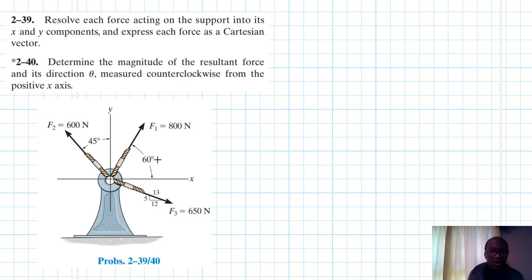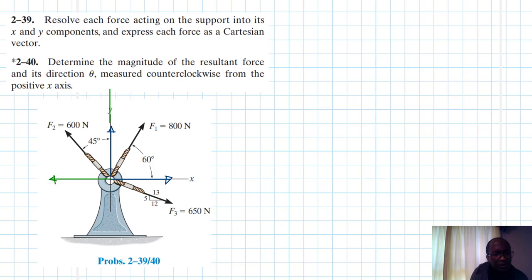Right, so let's draw the free body diagram. Let's start with F1. F1 will have a component in this direction like so, and another component in this direction like so. Then F2 will have a component in this direction, and another component in this direction.